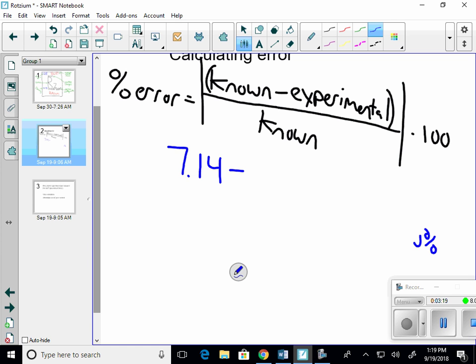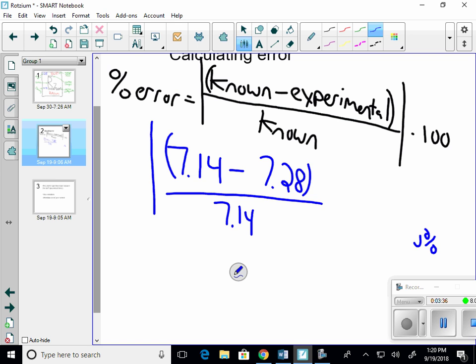So for example, Abby has 7.28 was her experimental value. She would then, again, make sure to subtract that, divide by 7.14, keep it a positive value, and multiply by 100.